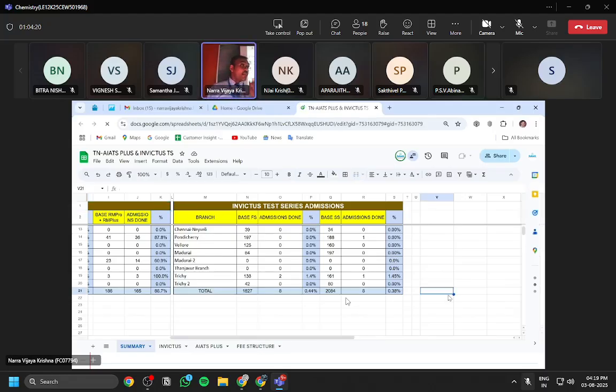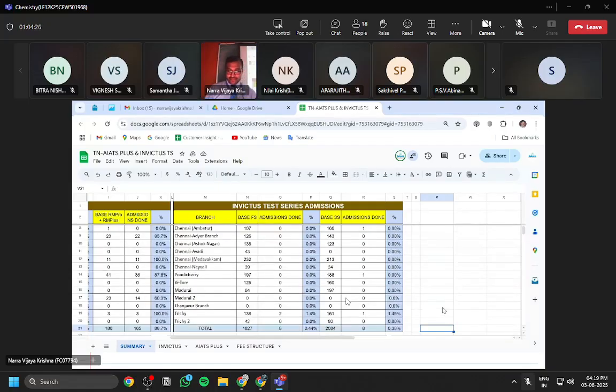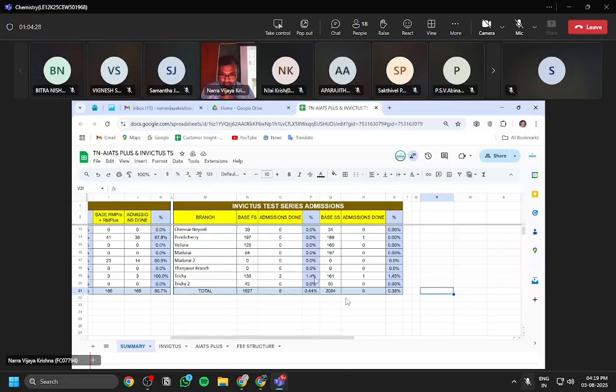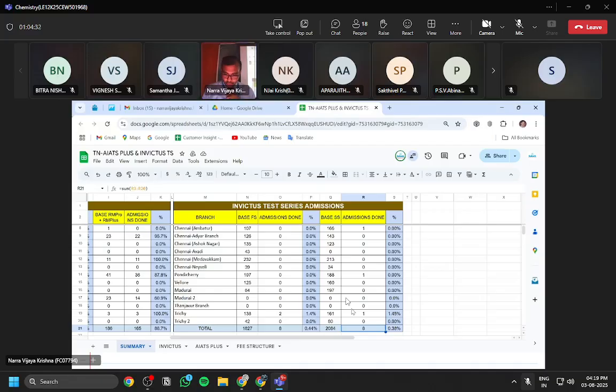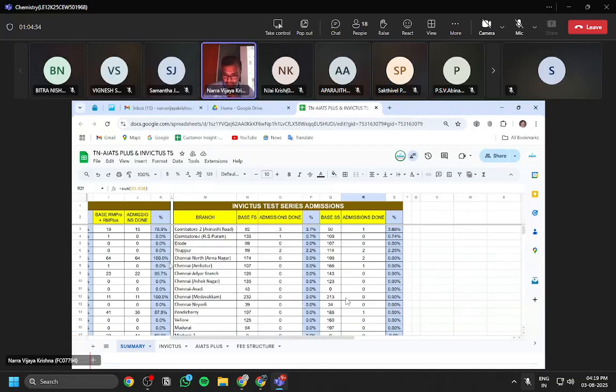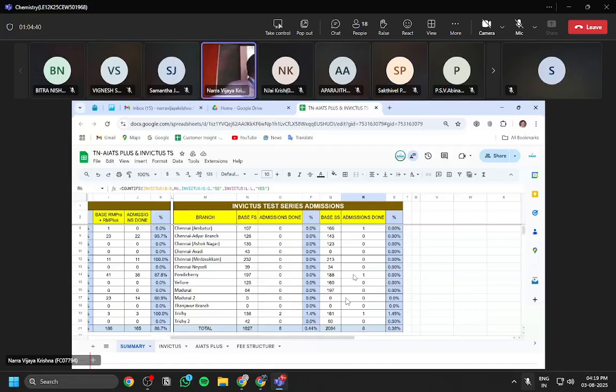You know this principle, right? If you don't rotate money, the value of money goes down. Already 8 people have enrolled, sir. Pondicherry, they are toppers only. Anna Nagar also toppers only. From us, who has taken, sir?